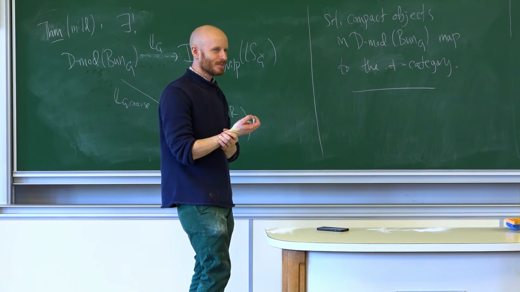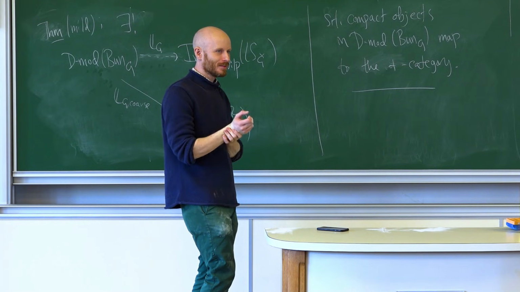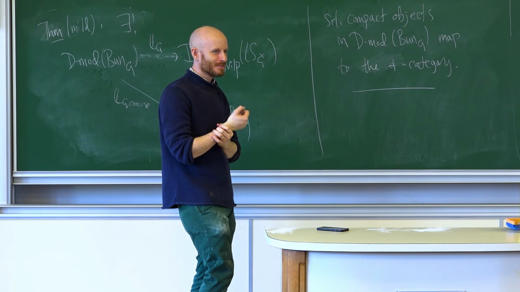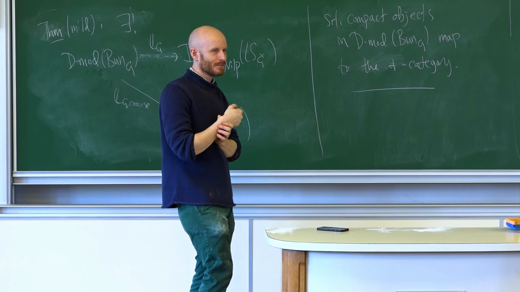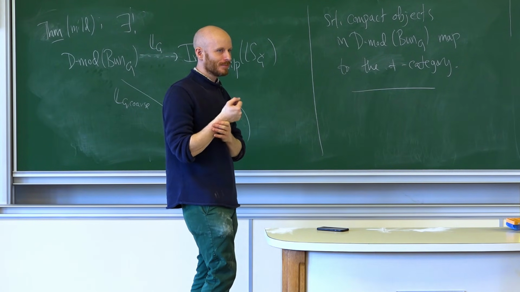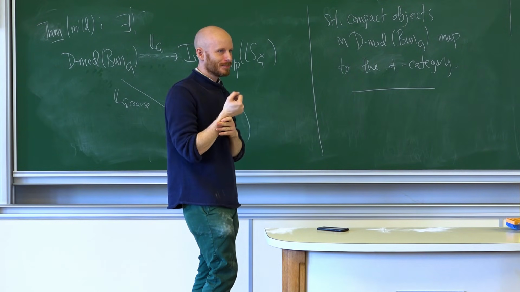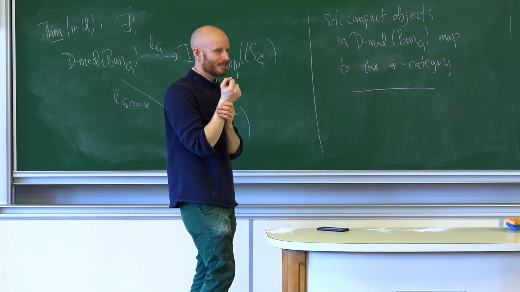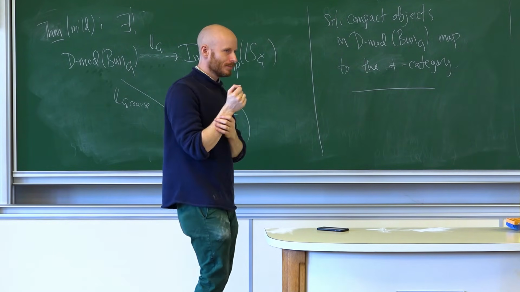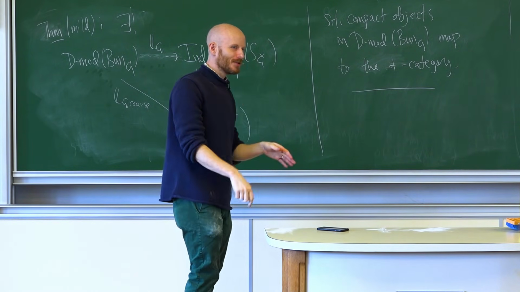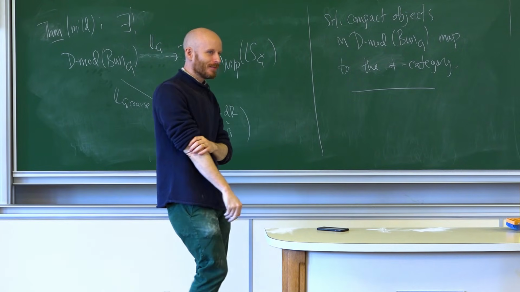I'm not sure. Or maybe to intersect. Sorry, but here you don't just need to know they map to the bounded below category, you need to know that they map to compacts, right? No. I need that eventually, but yeah.